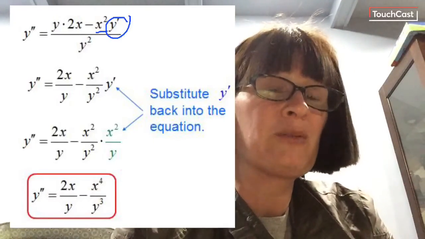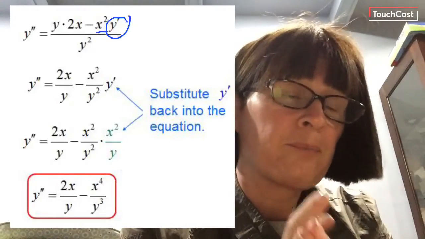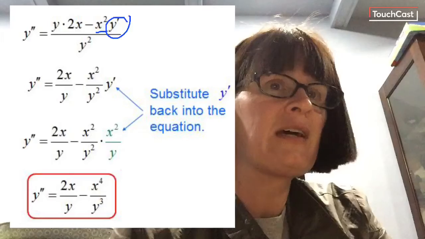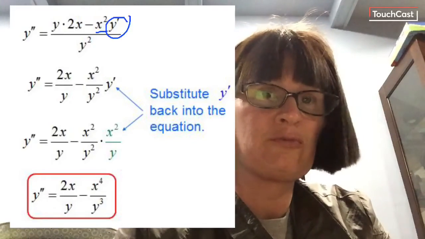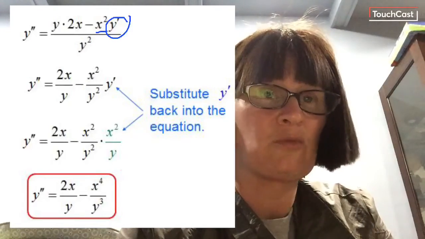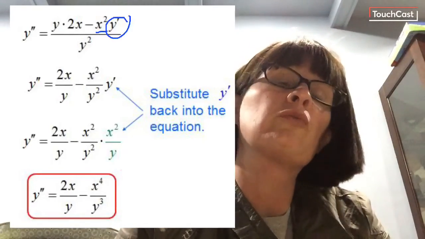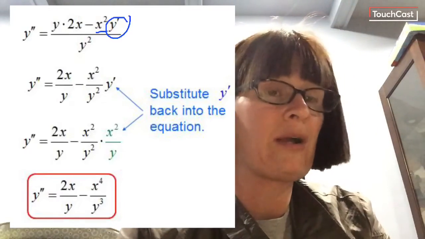I've given it in terms of x and y and some other expression, which is called y prime. So to really give an answer in terms of what we want, which is in terms of x's and y's only, I'm going to have to go through and substitute back in for y prime anywhere I see y prime.